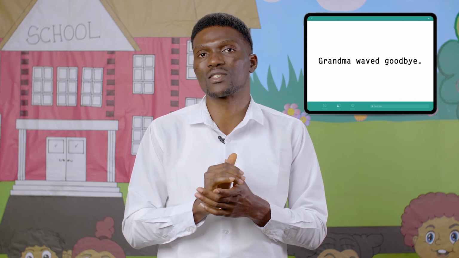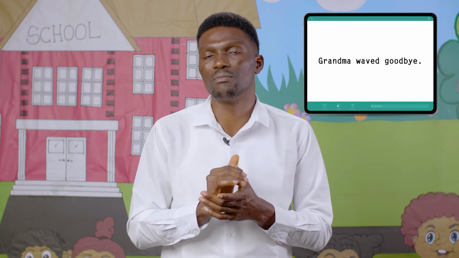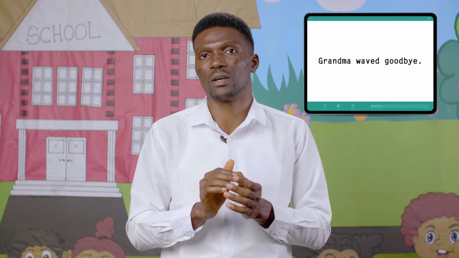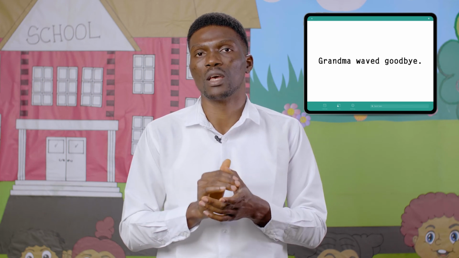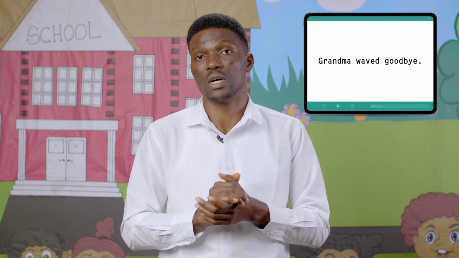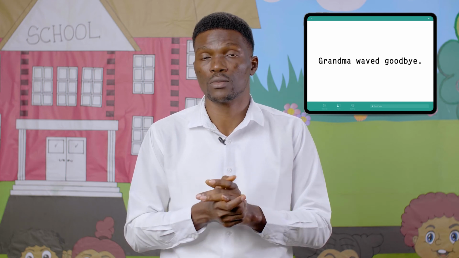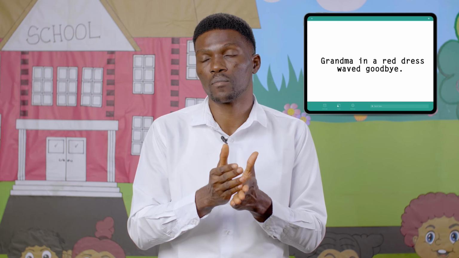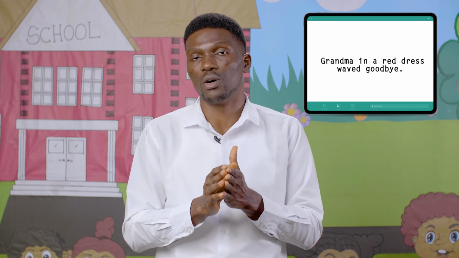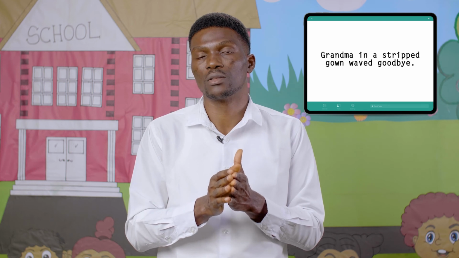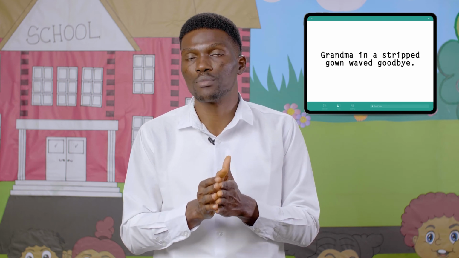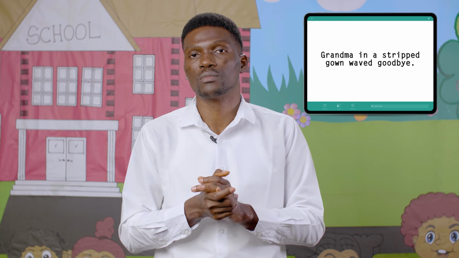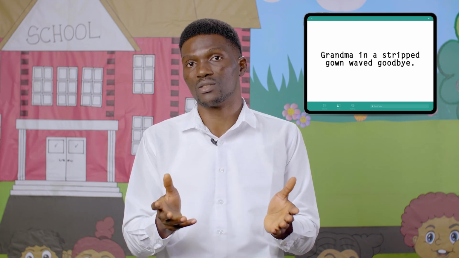How do you expand grandma to become a complex, expanded noun phrase? As you know, grandma is a noun. So what are you going to add to it? Would you say grandma in a red dress, or grandma in a striped gown? You can see how easy it is to actually expand your noun phrases.